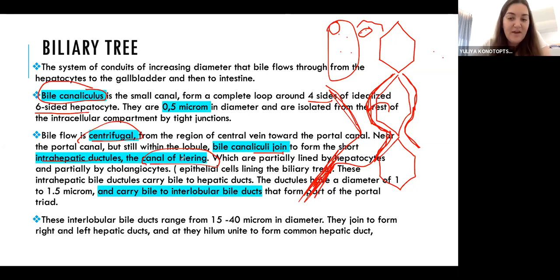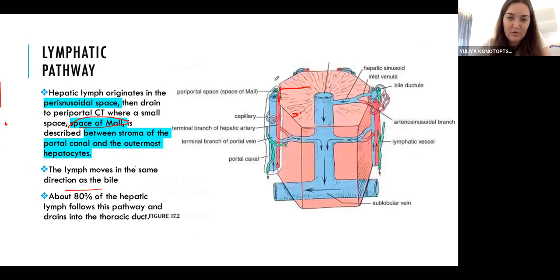These canals of Herring are going to carry the lymph to the interlobular bile ducts. Where are the interlobular bile ducts? Well, they're right here. The bile ducts which are in the portal triad, you call them interlobular because this is one lobule, there is another lobule, so they're right between the lobules, right?